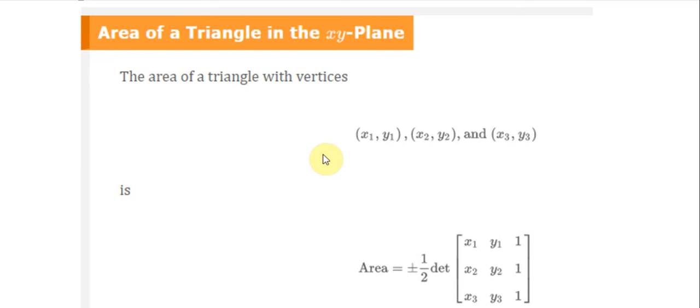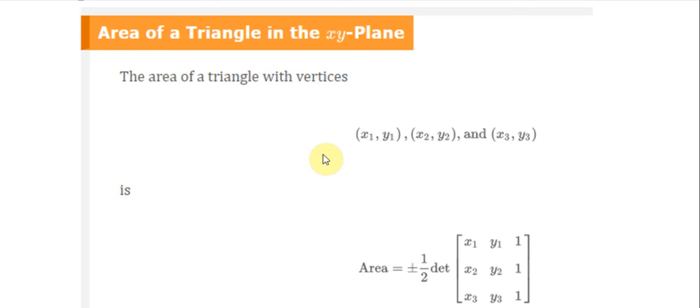This is the area of a triangle in the XY plane. That is the 2 space. The area of a triangle, if they give us 3 vertices, we can find that area by using this very sophisticated formula that the area is plus or minus, because the area has to be positive. So if it comes out to be negative, you just want to negate that and make it positive.